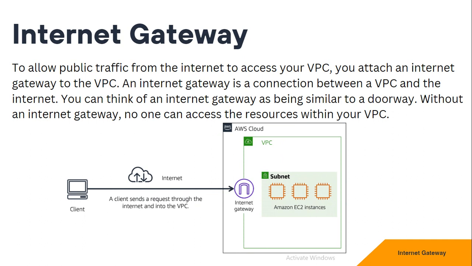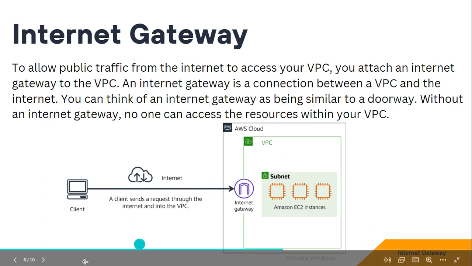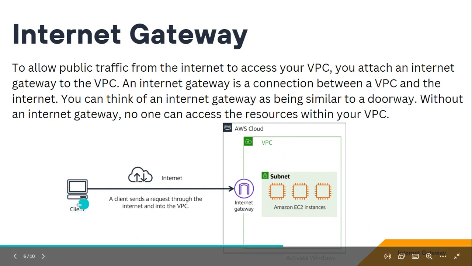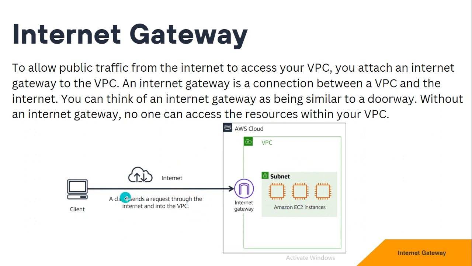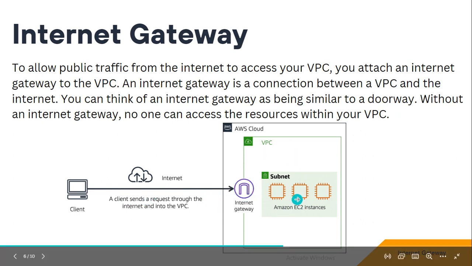To allow public traffic from the internet to access your VPC, you attach an internet gateway to the VPC. An internet gateway is a connection between a VPC and the internet. I'm giving a request to access the resources inside this VPC, and through this internet gateway I'll be able to access it.